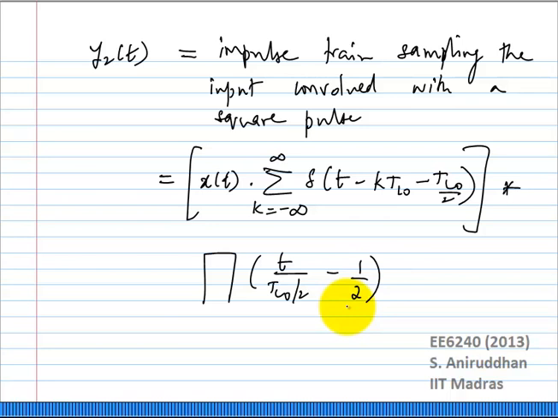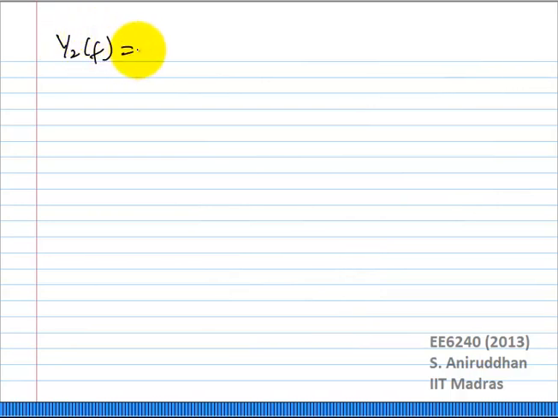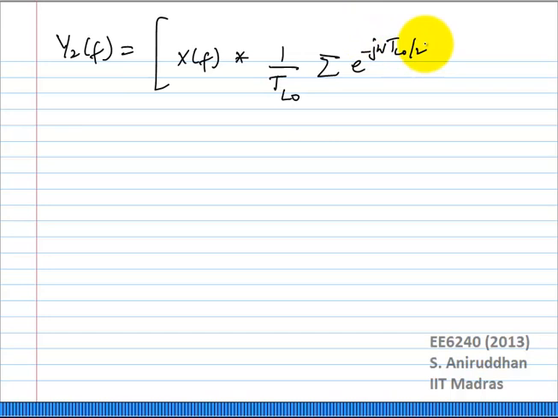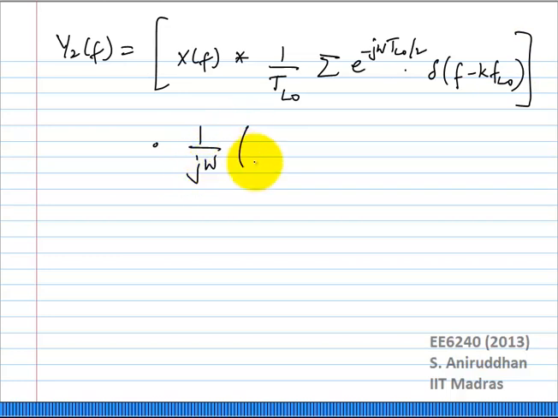So I can find out y2 of f, which is nothing but x of f convolved with the Fourier transform of the impulse train, which is 1 by TLO delta of f, e power minus j omega TLO by 2, because it's shifted by TLO by 2, times delta of f, multiplied with 1 over j omega into 1 minus e power minus j omega TLO by 2.